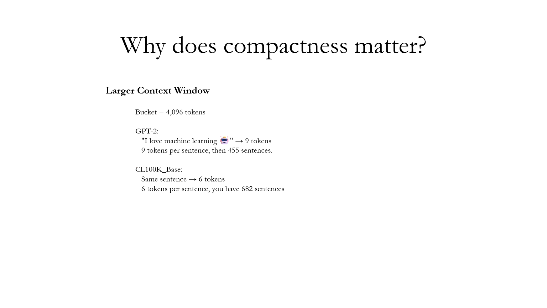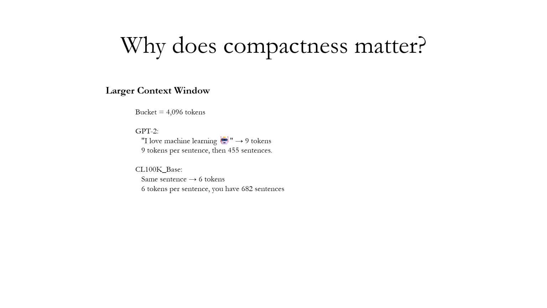So we saw the compactness of the second set of code compared to the earlier one, and we saw that there were fewer white spaces, right? So why does compactness matter? So the bucket has 4,096 tokens. GPT-2, I love machine learning, has 9 tokens, right? So 9 tokens per sentence, then there's about 455 sentences.